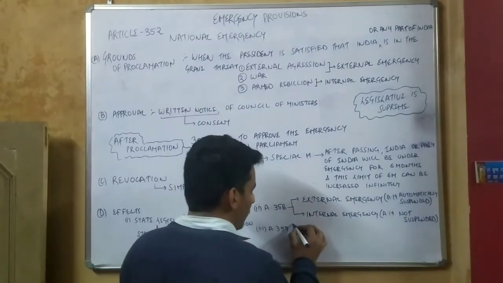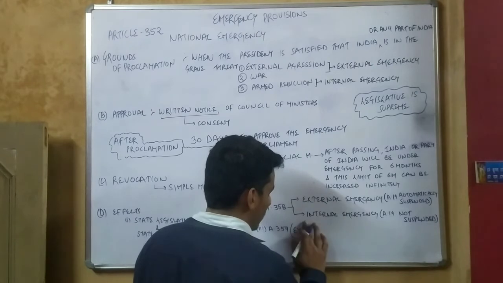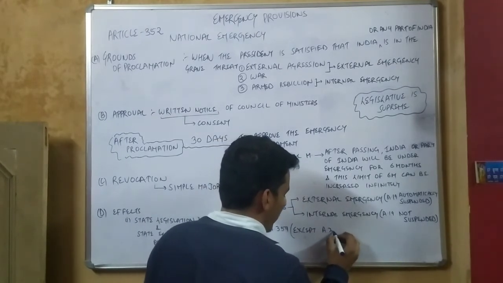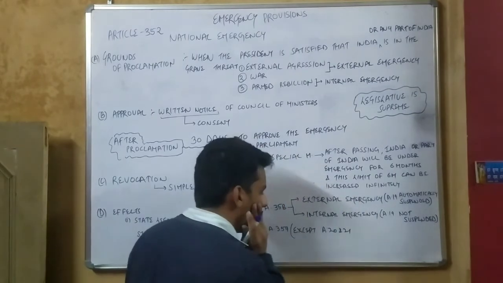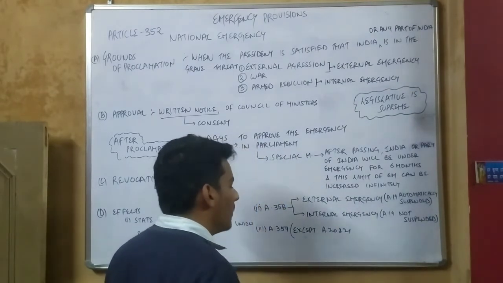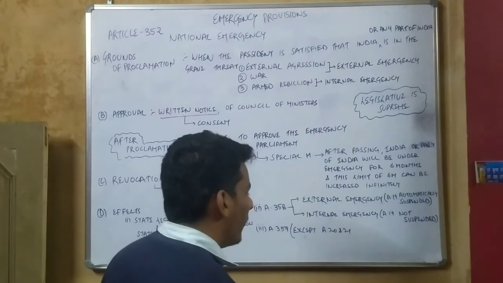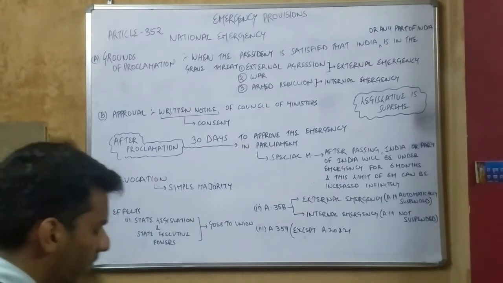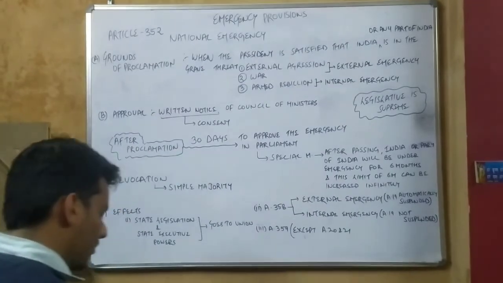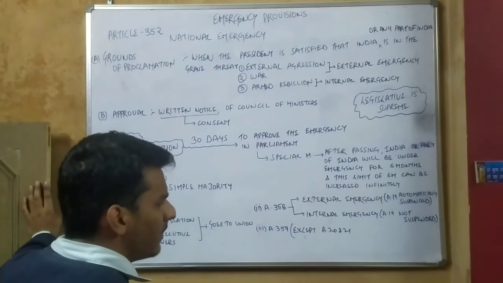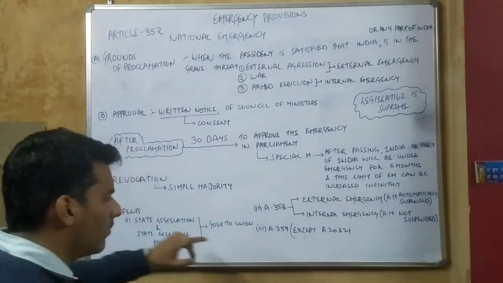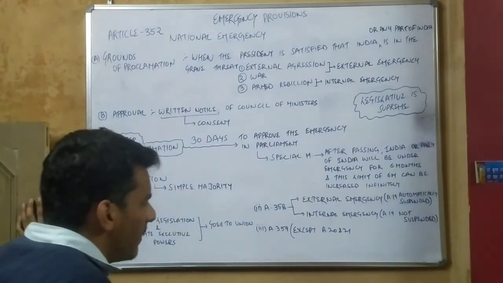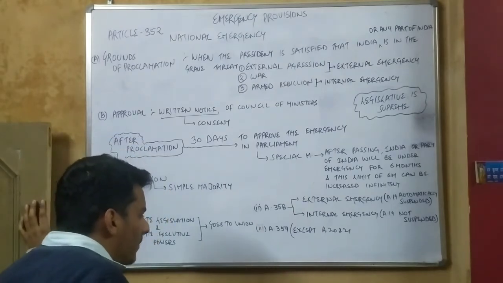But except Article 20 and 21. Article 20 talks about conviction for offences, and in Article 21 we have freedom of life and personal liberty. For conviction of offences, we have no double jeopardy, no self-incrimination, I think. I'm forgetting it, you have to look up Article 20. It says freedom in respect of conviction of offences. We have Article 21 that says freedom of life and personal liberty.